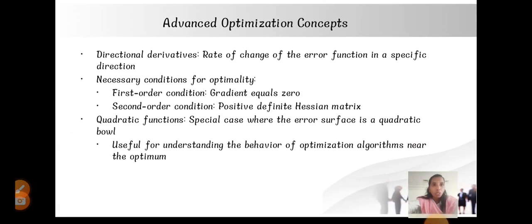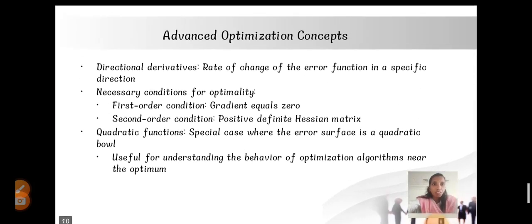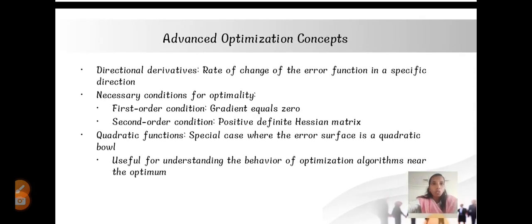Advanced optimization concepts: directional derivatives, necessary conditions for optimality, and quadratic functions. These cover first order conditions and second order conditions, and are also used in optimization algorithms near the optimum. Directional derivatives describe the change in error functions in specific directions.